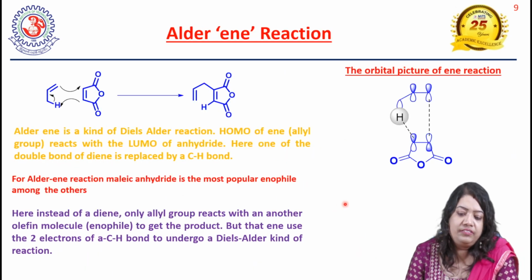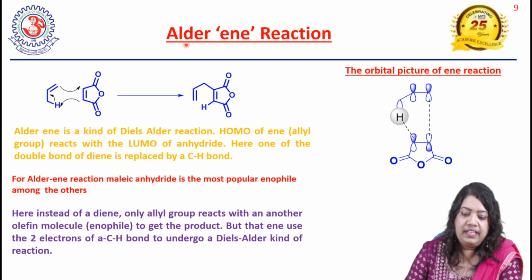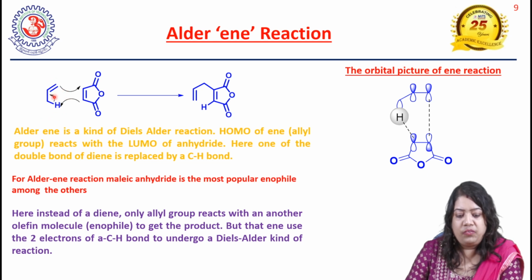And lastly, I am going to discuss the ene reaction. So what is an ene reaction? The ene reaction is just similar to the Diels-Alder reaction, but here instead of a diene, we will use a monoene, and the other double bond is replaced by a carbon-hydrogen single bond.